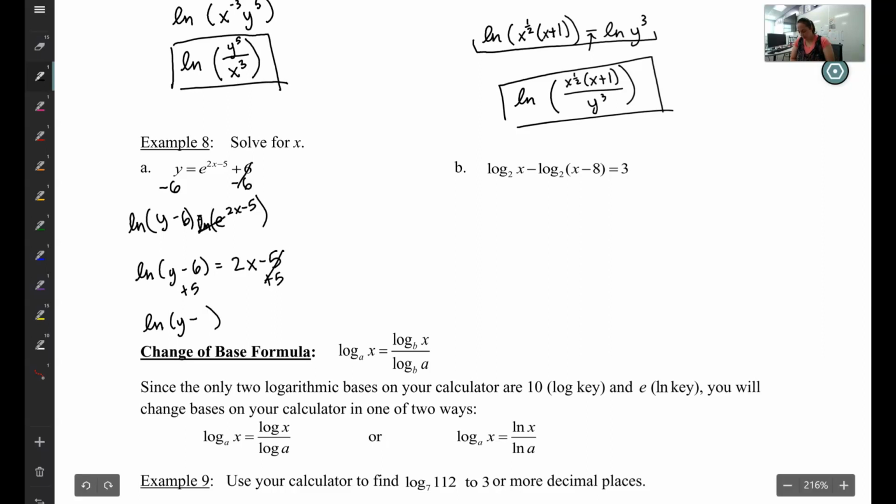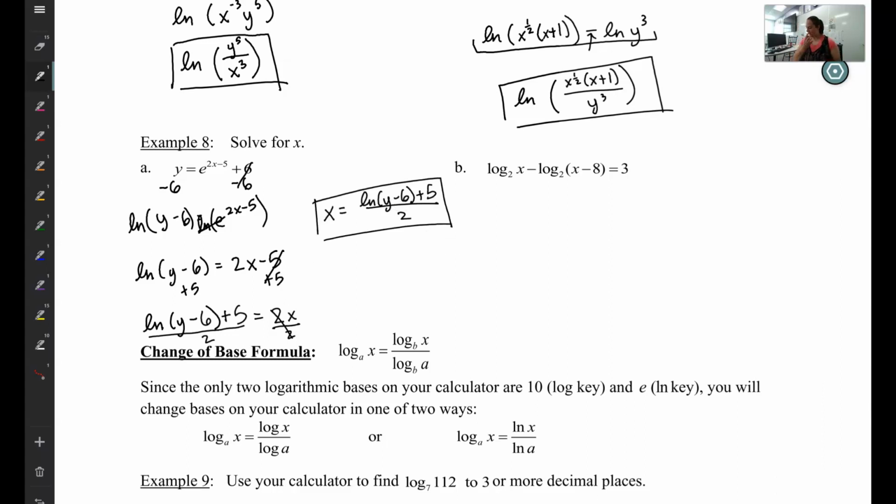That add 5 goes to the outside of the parentheses, not inside. And then last step, divide the whole thing by 2. So I'm going to get that x equals ln of y minus 6 plus 5, all divided by 2. There we go.